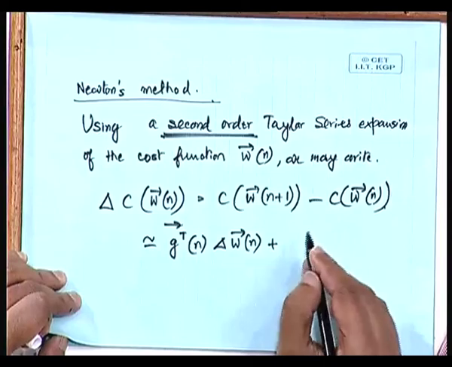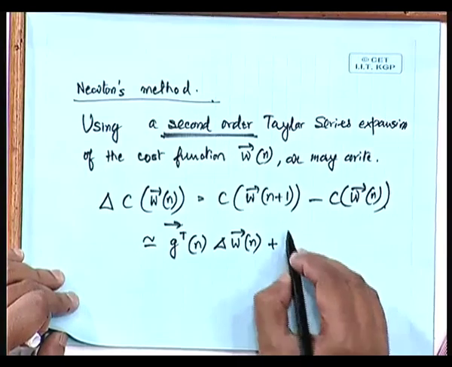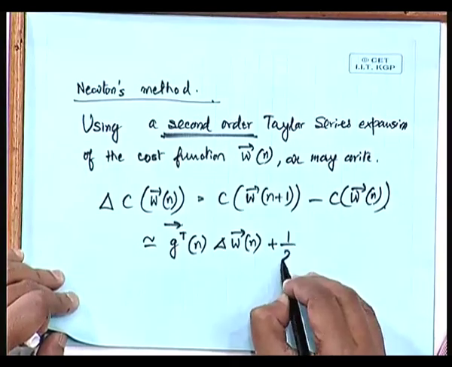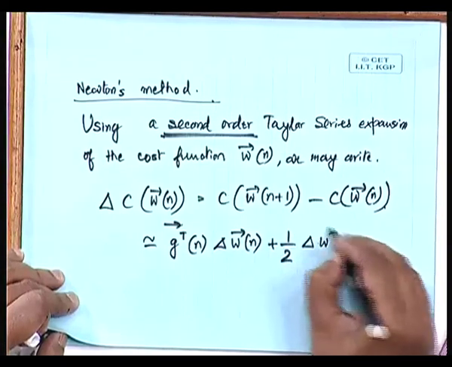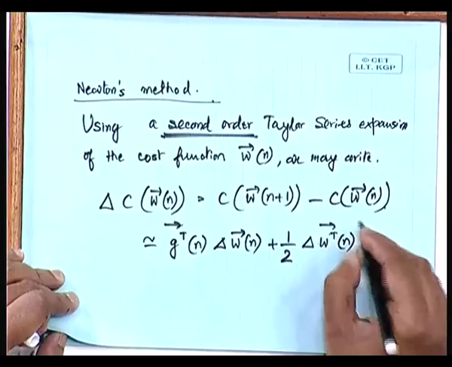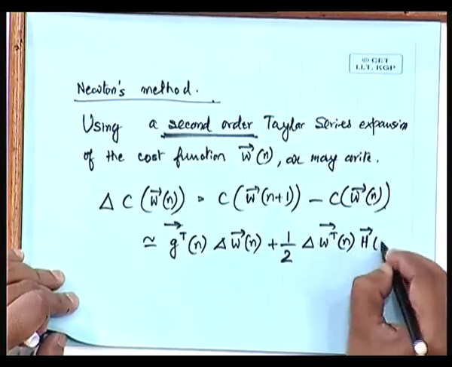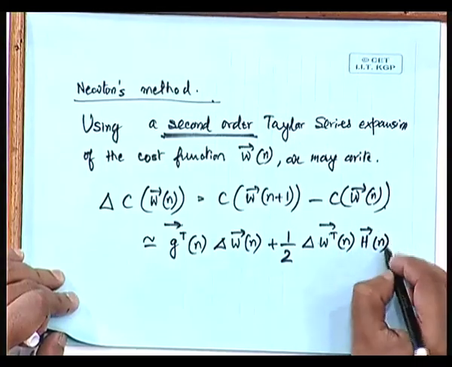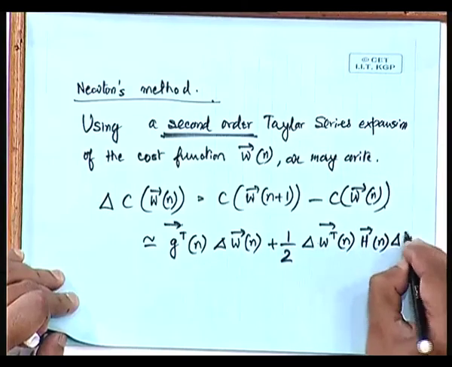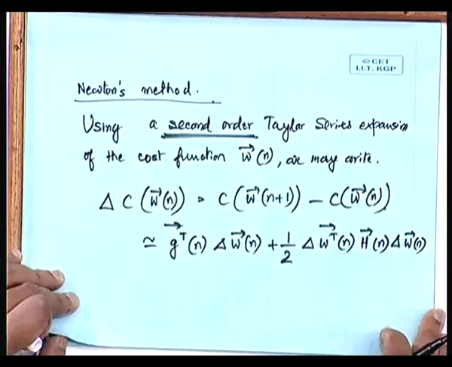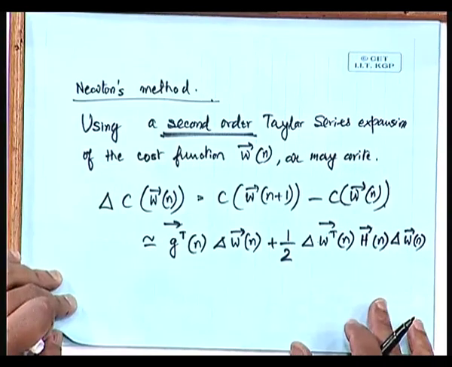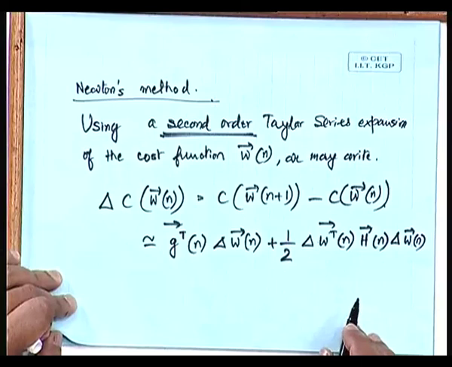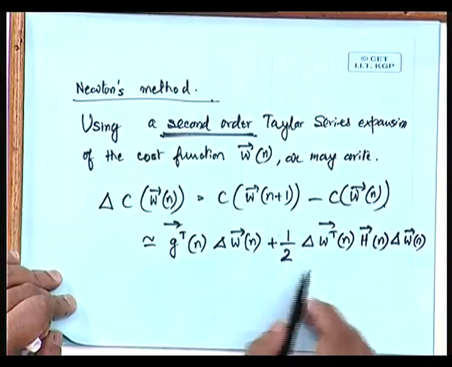The second order term is expressed as half of delta W transpose n into the Hessian matrix H n times delta W n.